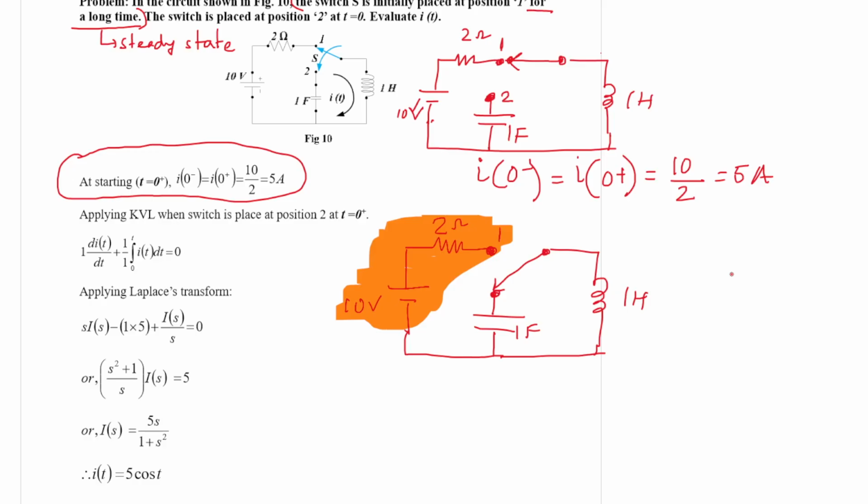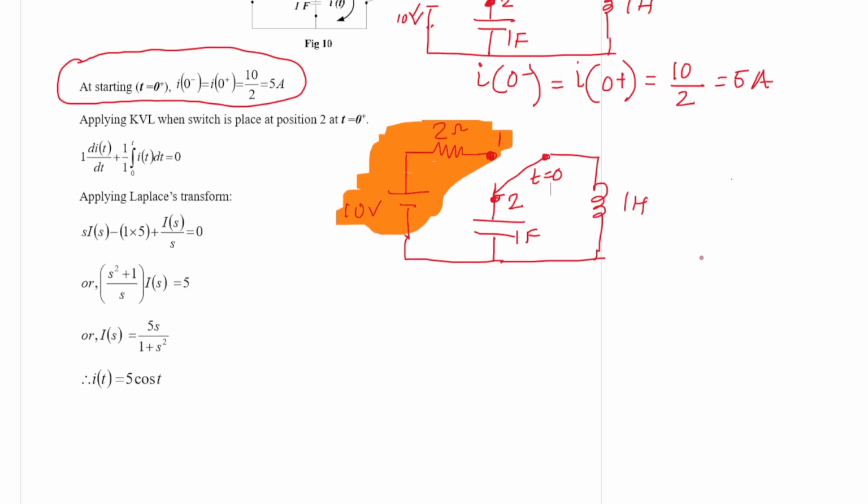And now this is position 2, so at position 2 this is made at t is equal to 0. So if you write the KVL equation, so 1 into di dt, then we have a capacitor voltage, so it will be integral 0 to t of i dt, and that must be equal to 0, so no voltage source is there.